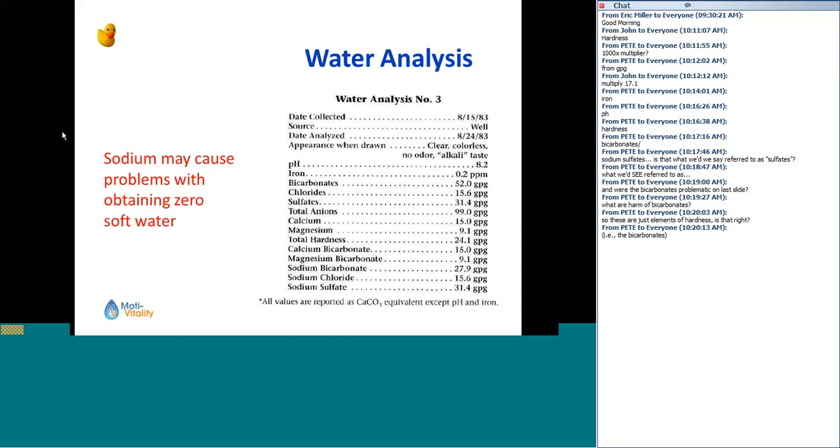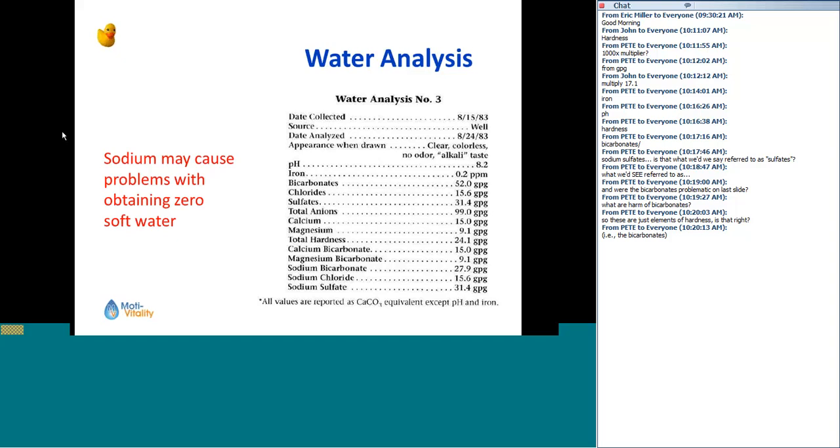Yes, they are elements of the hardness, but it's the second part of the compound. So those bicarbonates are going to be high there. They are what's causing the high pH or the high alkalinity. You know, the alkalinity systems you see out there, they function and work. They raise the pH and the alkalinity by adding bicarbonates to the water, along with other stuff.